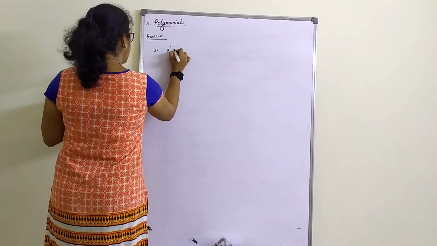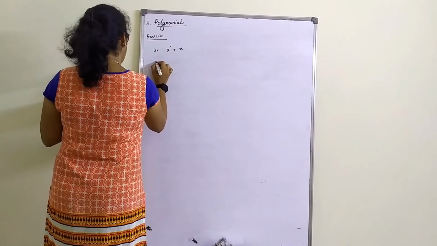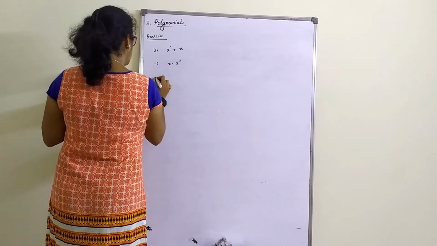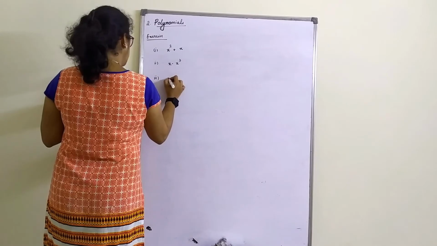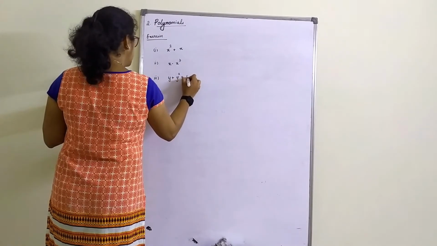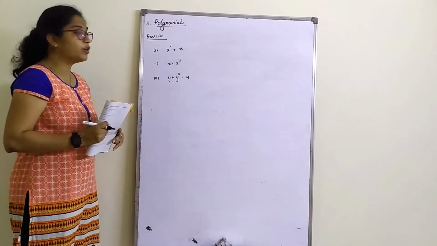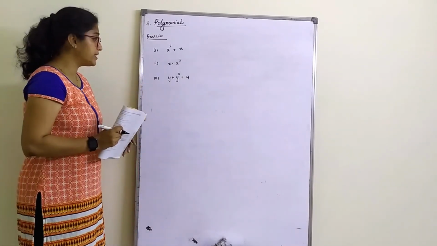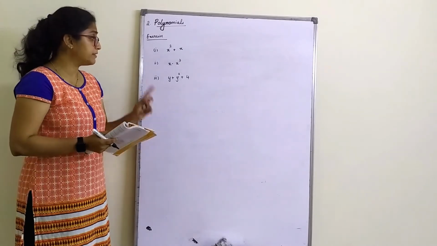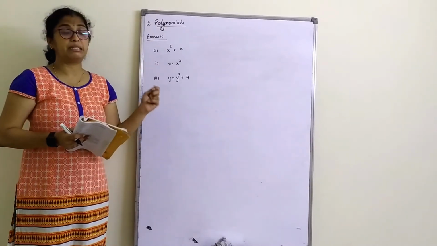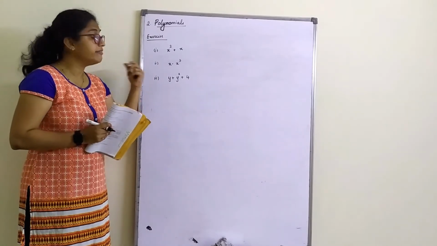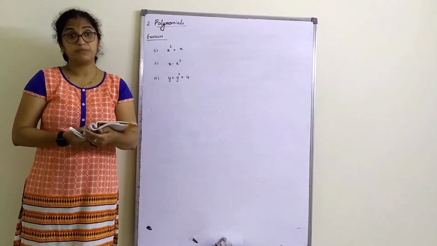So the first one is x square plus x. Second one is x minus x cube. Third one is y plus y square plus 4. One thing I would like to tell you here: it doesn't matter now, but as we proceed with the chapter, whenever you write a polynomial, make sure that the polynomial is written with the highest degree first, right?